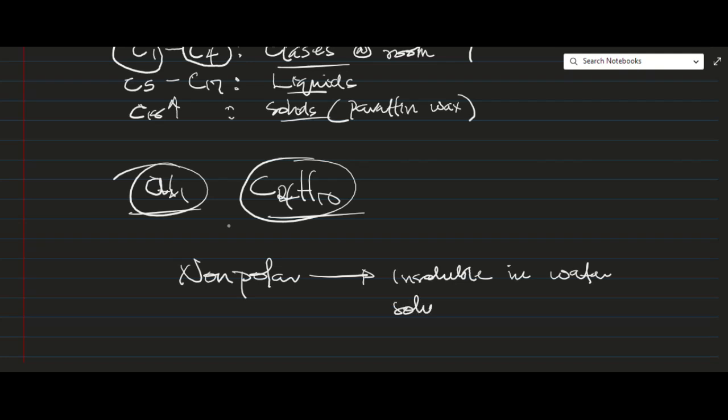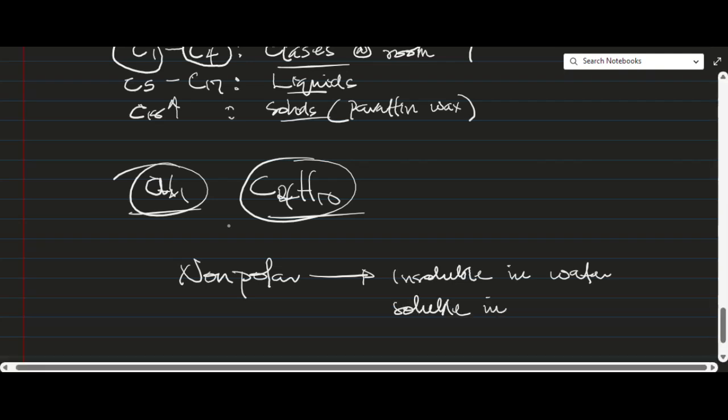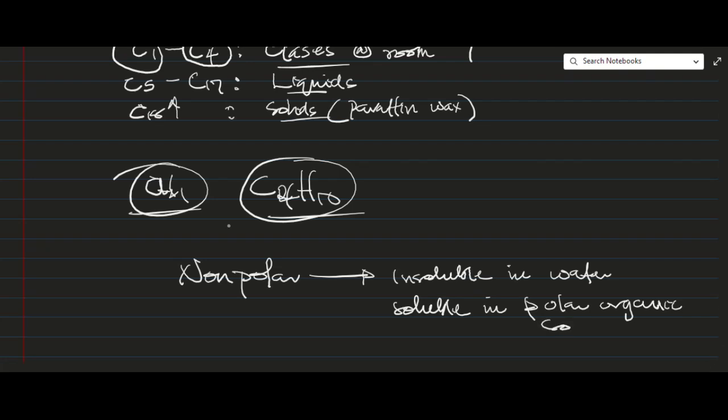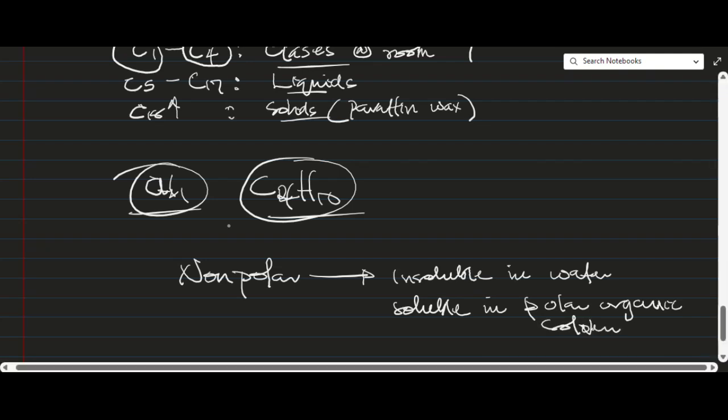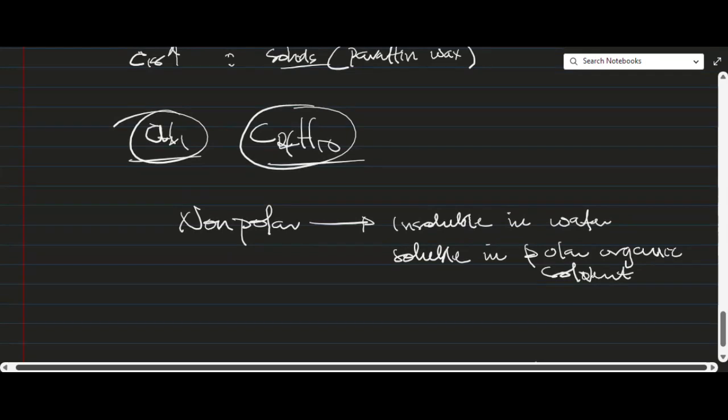So, soluble in organic solvents. An example of that is you can mix kerosene with petrol, because kerosene is a non-polar substance, and petrol is also a non-polar substance.